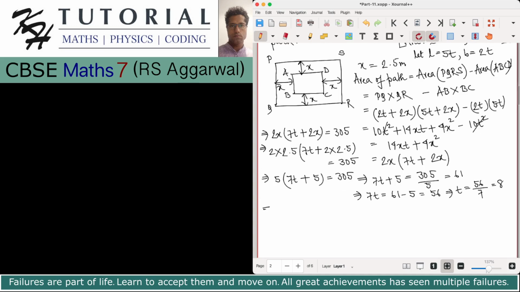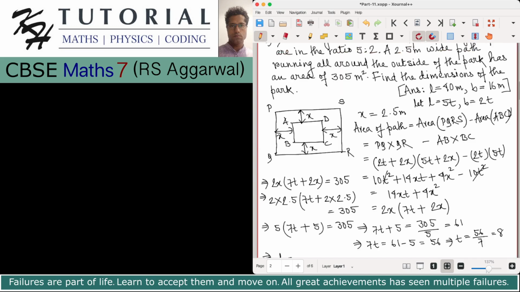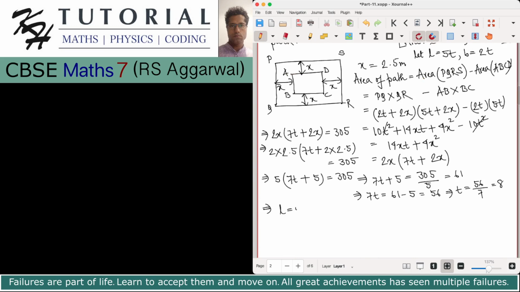So this implies the length of the park is 5t meter. So this is equal to 5, t is 8, this much meter, or this is equal to 40 meter, and breadth is 2t.